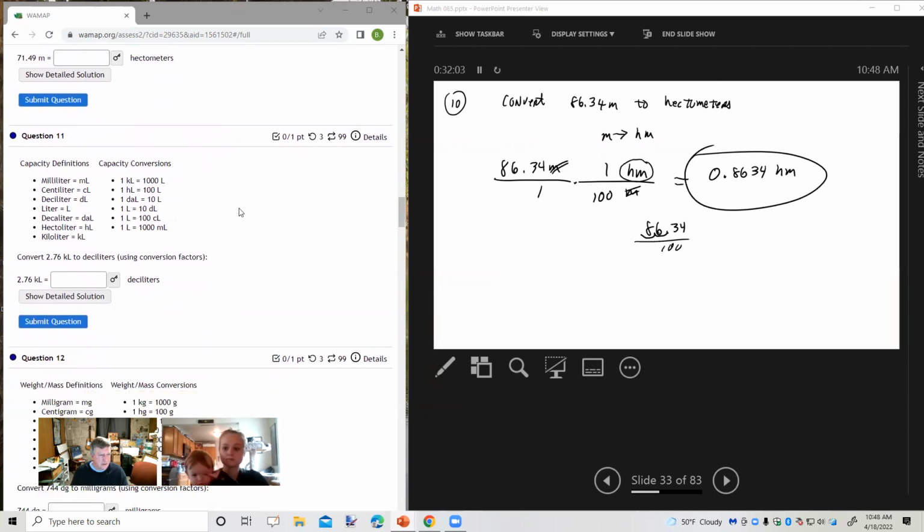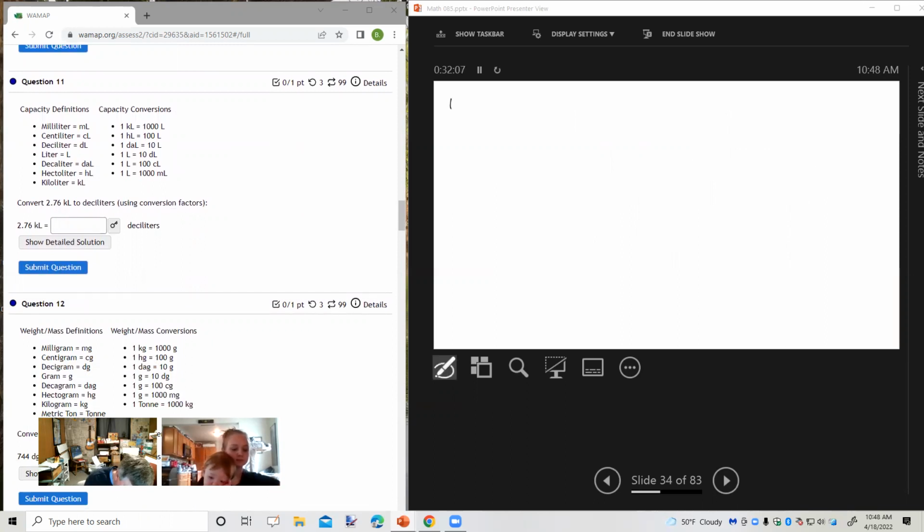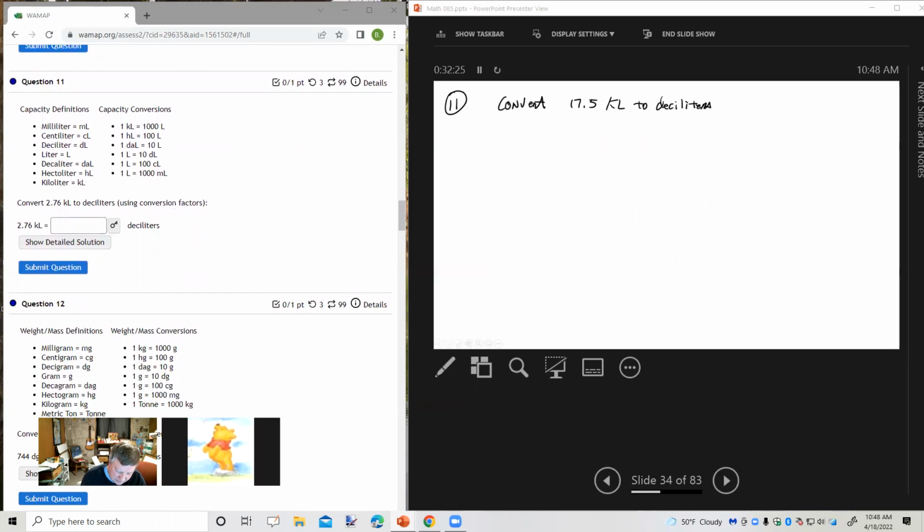All right, let's take a look at problem 11, or one similar rather. Okay, convert, how about 17.5 kiloliters to deciliters.